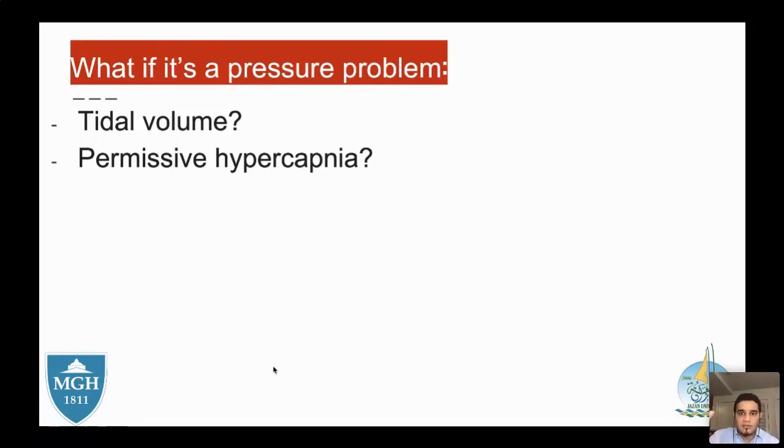So if you have a pH above 7.20 and your PCO2 is in the 60s, and the patient has no intracranial trauma or anything you're really worried about, where a high CO2 might vasodilate and increase a problem, and mostly these patients have a single organ problem, a respiratory problem like COVID patients, then you are okay, and you should accept that permissive hypercapnia. In fact, if you aim for a normal ABG in these patients, you might cause more harm, because you're going to start thinking, I don't like this pH, I need to wash out the CO2.